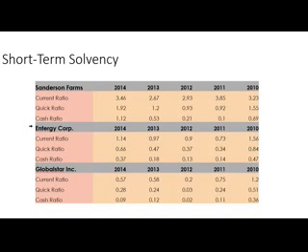Entergy shows competitive short-term solvency ratios also. The current ratio shows that it would be able to handle a short-term loan, but the cash ratio seems low. It doesn't keep a whole lot of cash on hand.